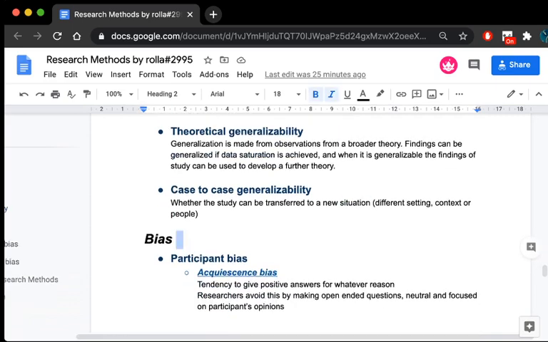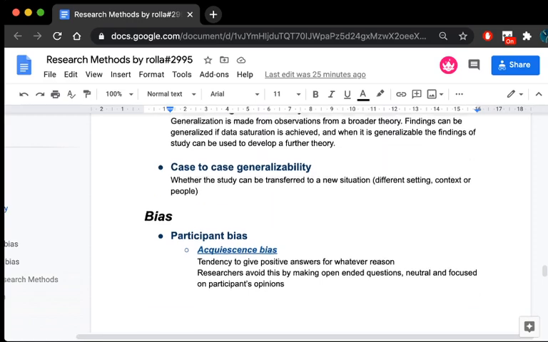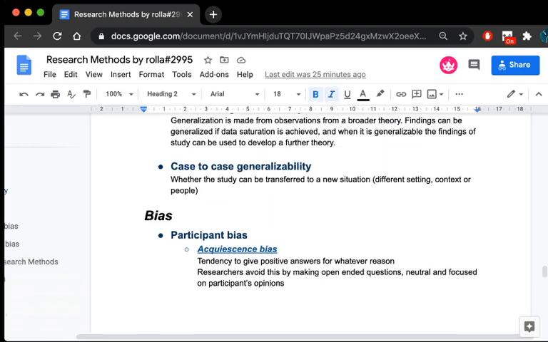Next, we have case-to-case generalizability, which is basically whether the study can be transferred to a new situation or a different setting, like similar settings. For example, in the case of H.M. Milner, he lost a part of his brain, and psychologists and scientists decided to observe his behavior that's associated with that part of the brain loss.